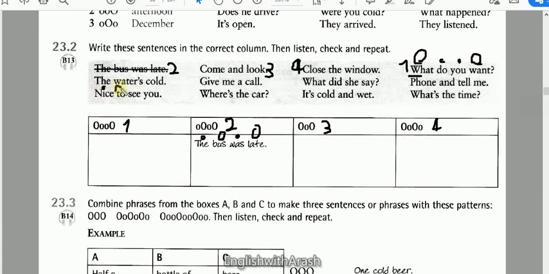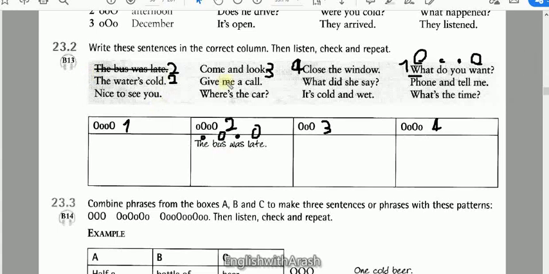"Water" itself has two syllables. The water's cold. Very good. Ali, Nahid, Leila, Samira, Parisa, Fariba. The water is cold, so that's 2. The next one.